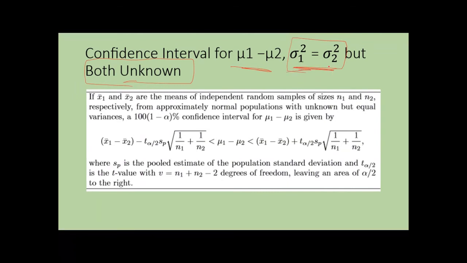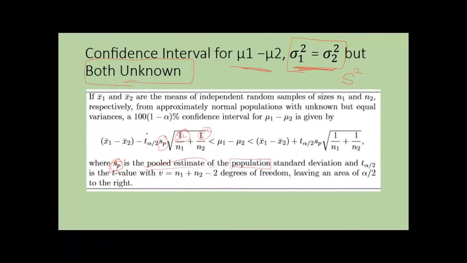Therefore, if we don't have an idea of what the population variance is, we will always find the sample variance, S square. So here it should have been S square on both sides, isn't it? And if we take S square commonly out of the root, it will be S. We call it here Sp, the pooled estimate of the population standard deviation. We are estimating the population standard deviation by using the sample standard deviation. See? So it's called the pooled estimate of the population standard deviation, Sp.